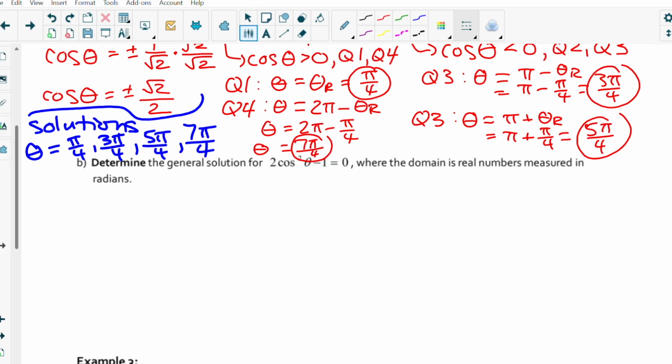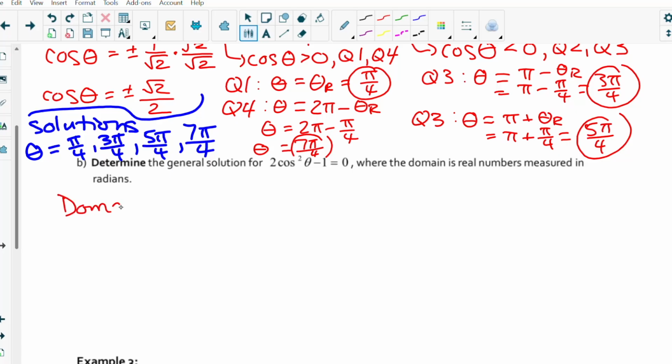Part B. Determine the general solution for 2 cosine squared of theta minus 1, so the same equation that we're looking at, equals 0, where the domain is real numbers measured in radians.